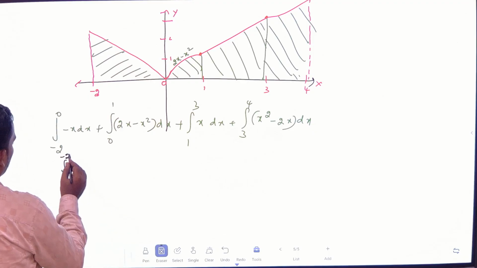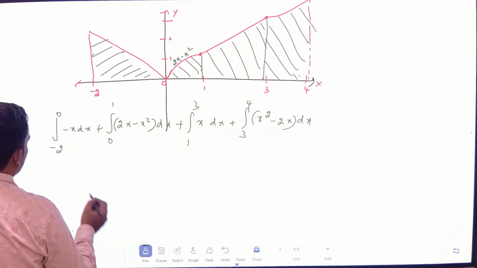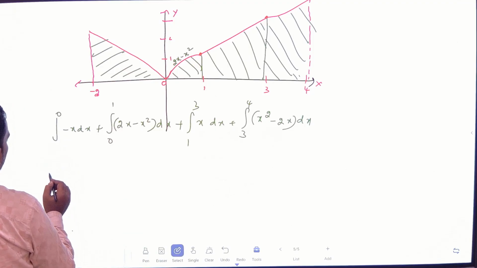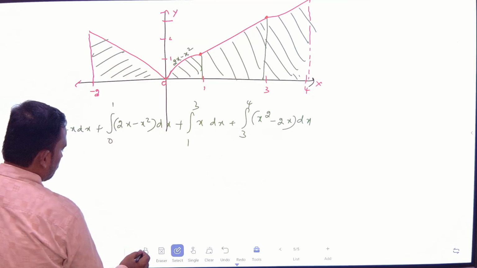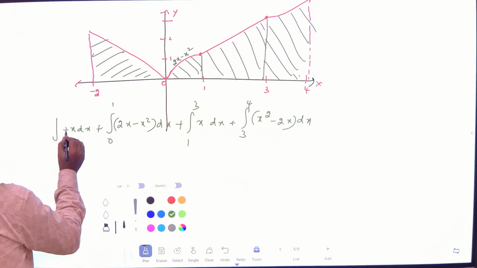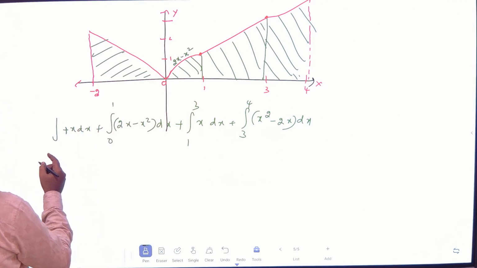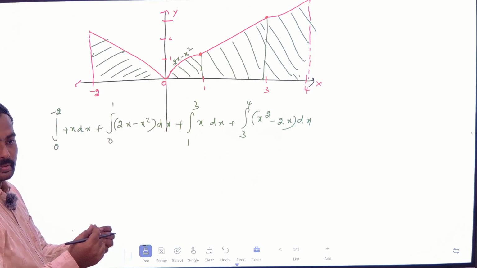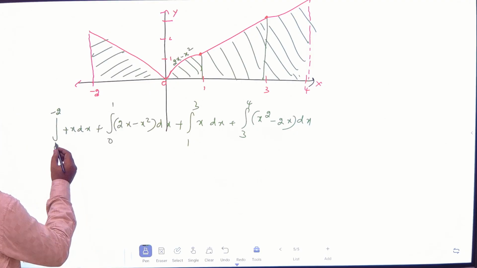I'll remove this one. Just I put plus. Here minus 2 to 0 means 0 to minus 2 you can write. Clear? Because you can interchange the limit, you can remove the minus sign, right?